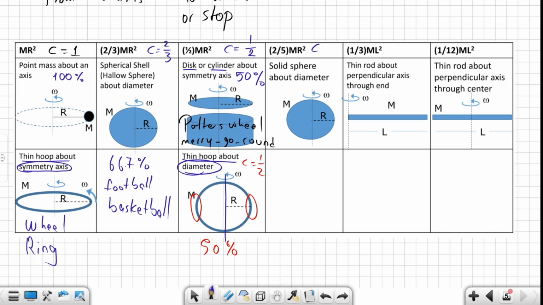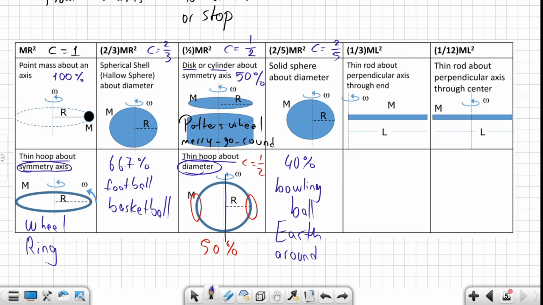The next example is a solid sphere around its diameter. C for this one will be equal to 2 over 5. 2 over 5 is equivalent to 40% of the mass. So if you have a bowling ball, the bowling ball's equation will be 2 over 5 mr squared, which means 40% of the mass is at the farthest possible point.